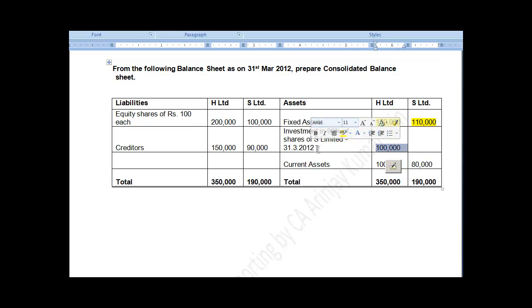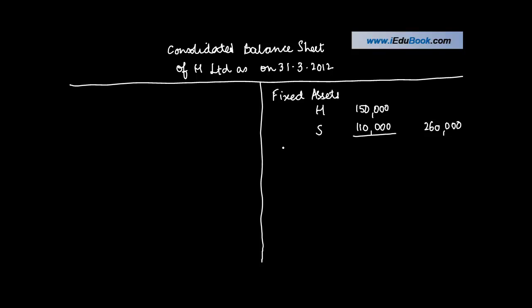Now, insofar as investments are concerned, when we prepare a consolidated balance sheet, we do not consider the value of the investment in the balance sheet. Why? Let me explain this to you. You must be aware that, when you used to do certain contra items, the most common one was that of a receivable and a payable.